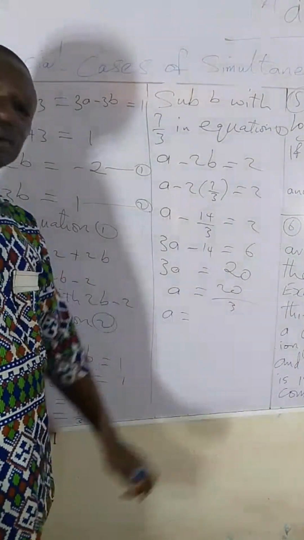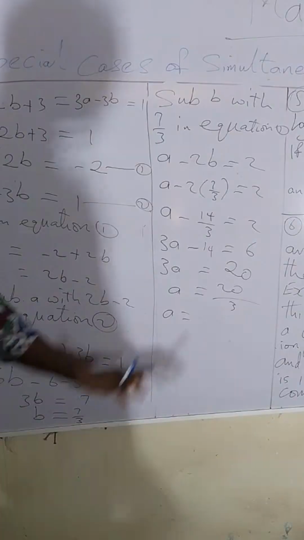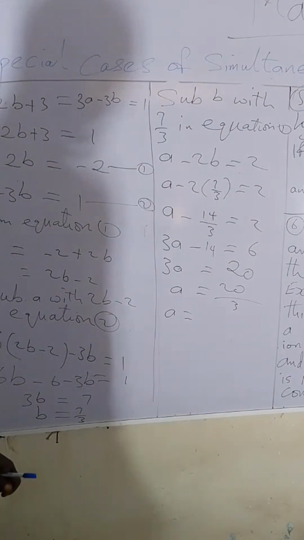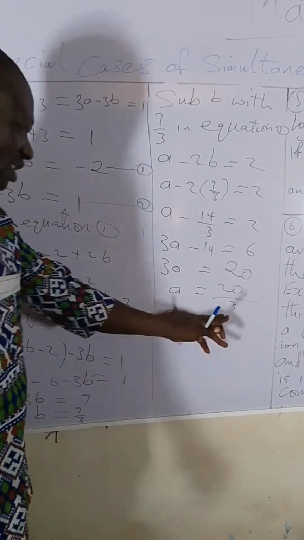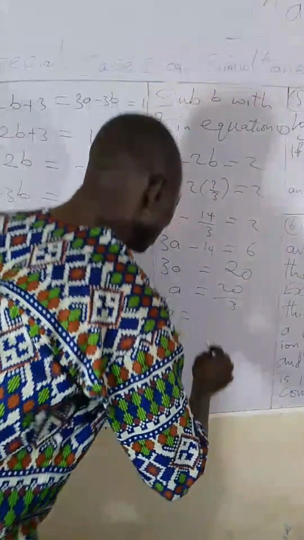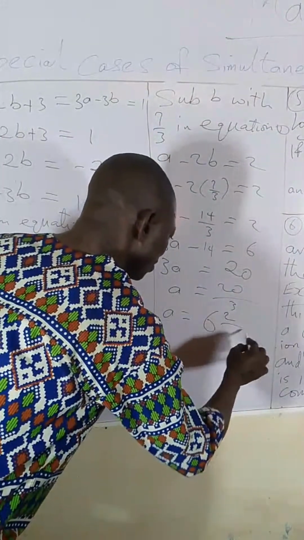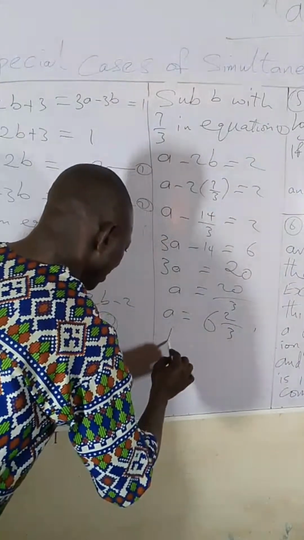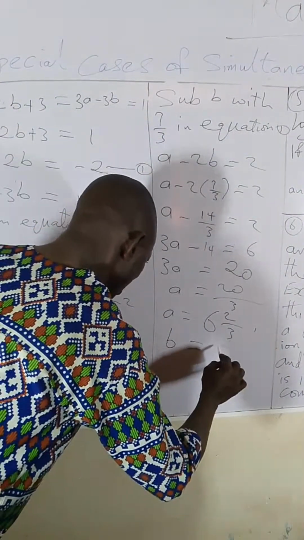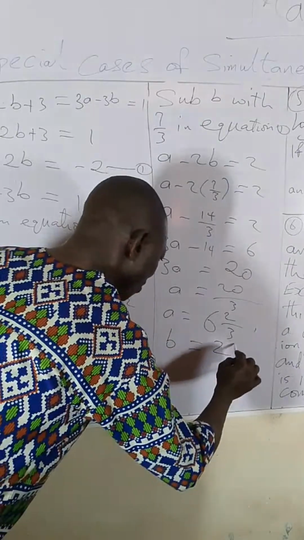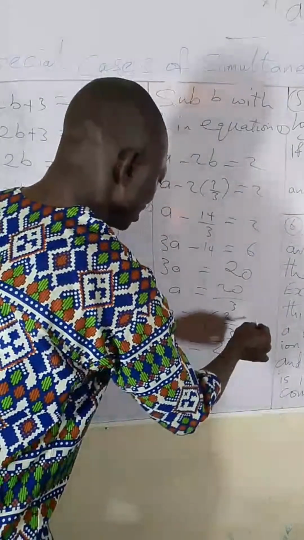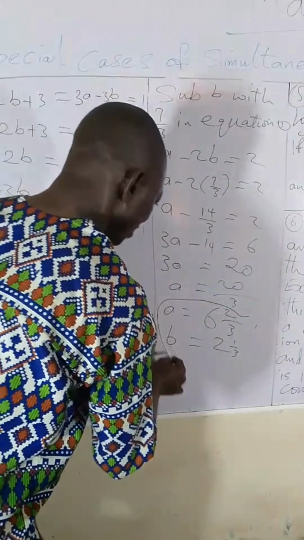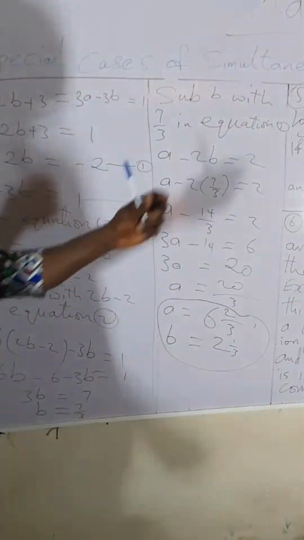Well, 3 cannot divide none of that remainder, but we can leave it in a mixed number, or a mixed fraction, which is 3 divided into 20 will give you 6, remainder 2 over 3. And b, as we have said before, is 3, 2 whole number, 1 over 3. This becomes the correct answers for this situation.